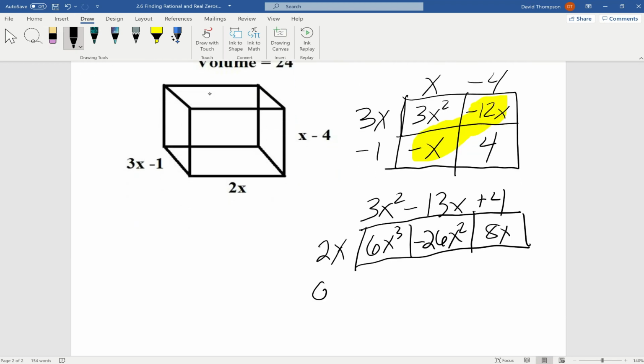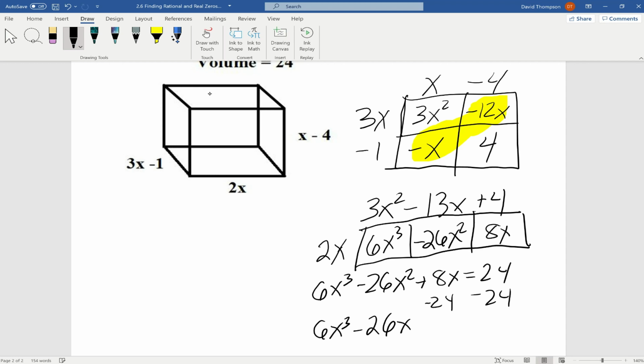So we're going to set this equal to 6x cubed minus 26x squared plus 8x, and that's going to be equal to 24. To solve this, we need to subtract 24 from both sides and set it equal to 0. So we're left with 6x cubed minus 26x squared plus 8x minus 24 equals 0.